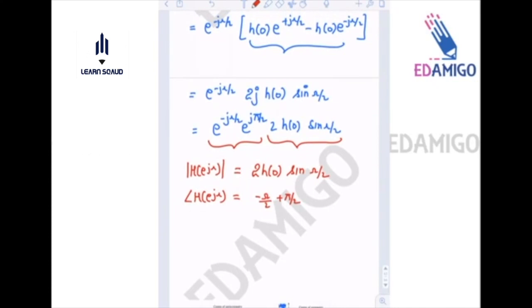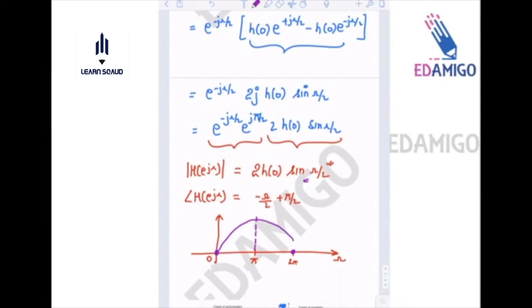Now if I draw the magnitude of the frequency response of the system from 0 to 2π, the plot will be 0 at 0, 0 at 2π, but maximum at π, because when we put π in this equation it will become π by 2.